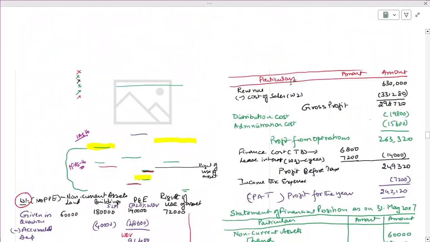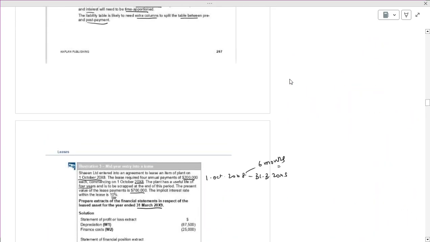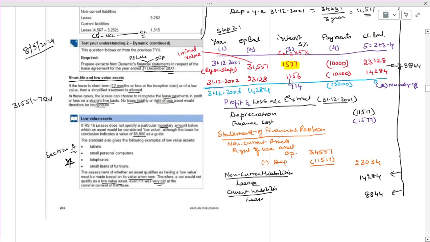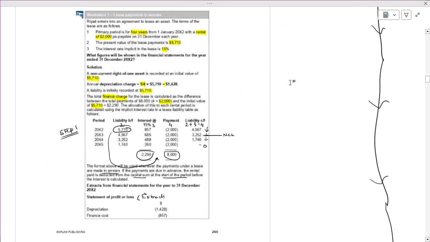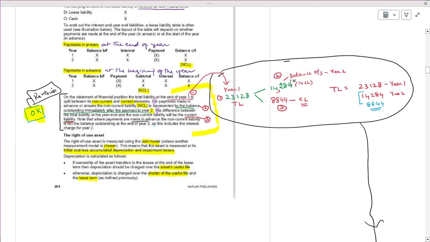But here the rule is what? This is the rule. Okay? Keep it in mind. Whenever you get a doubt, you can ask me anytime. But you have to be very clear about this one. I will write here: very, very important.